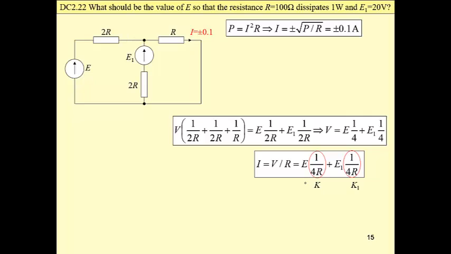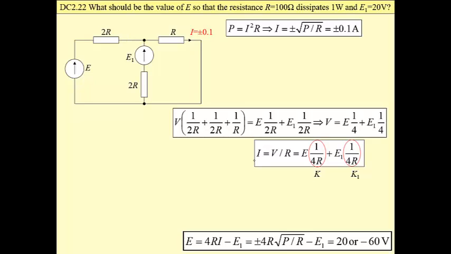The first component is designated by our voltage source. The second component is designated by this source which is given. Then if we set that this current is plus minus 0.1 amp, we obtain that our voltage can be either plus 20 or minus 60 volt.